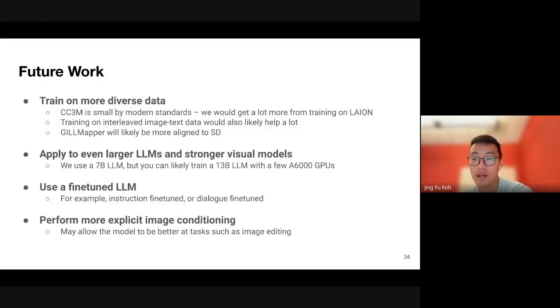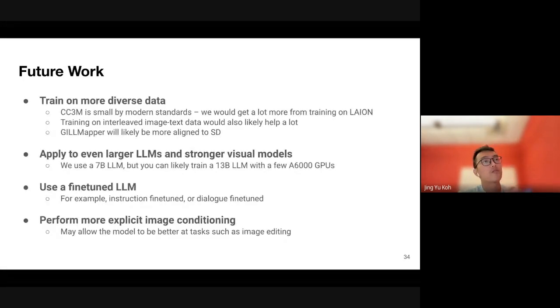If we had some kind of instruction annotated data, it would be a lot better at producing the correct image outputs or following instructions. But at present, it doesn't. So all of these are learned from caption data, which is also interesting. It's possible that the text pre-training had some kind of instructions, but we don't explicitly fine-tune on that.